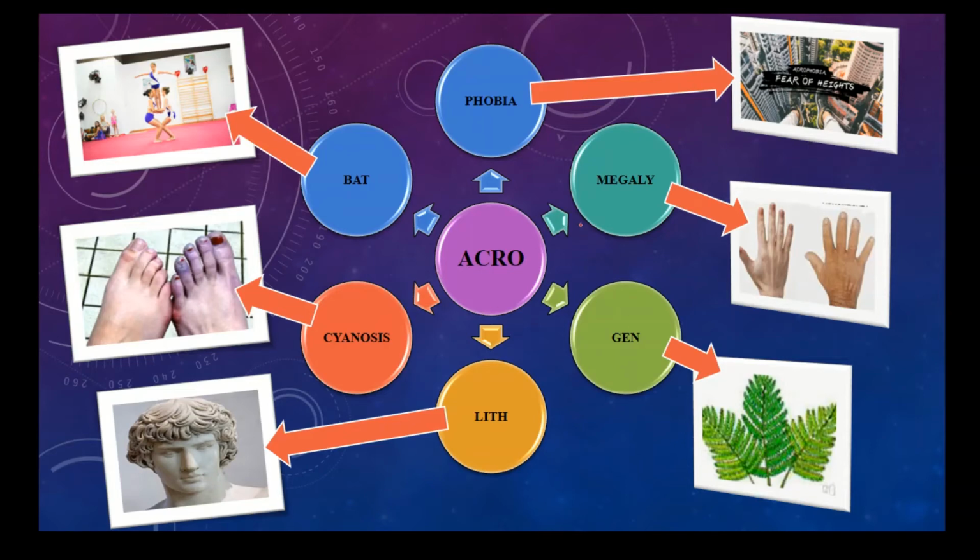One more is there, that is acromegaly. Acromegaly is the enlargement of bones in the hands, feet and face. Hands only I have shown, not only hands, feet and face. All are at the tip.